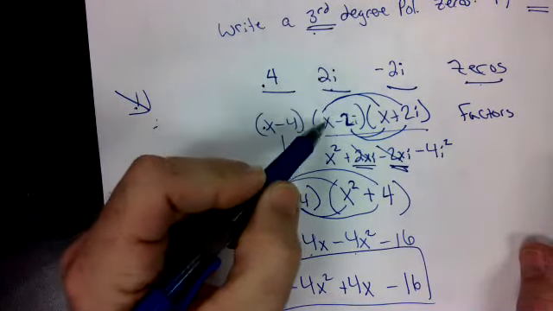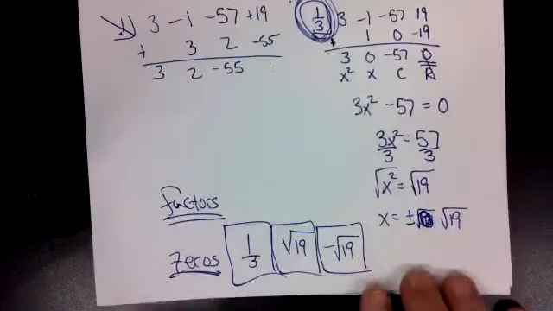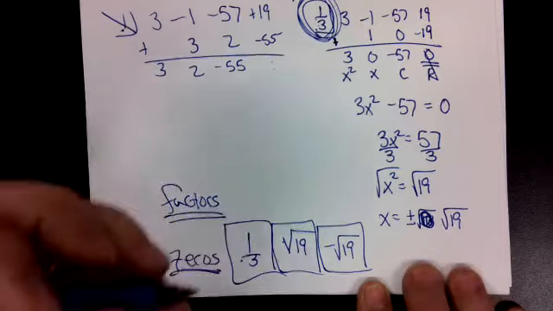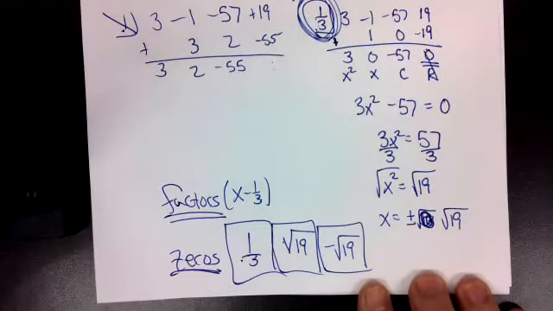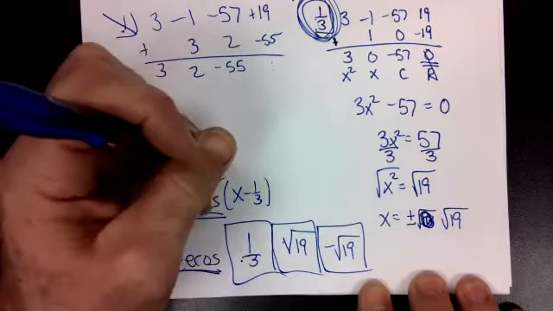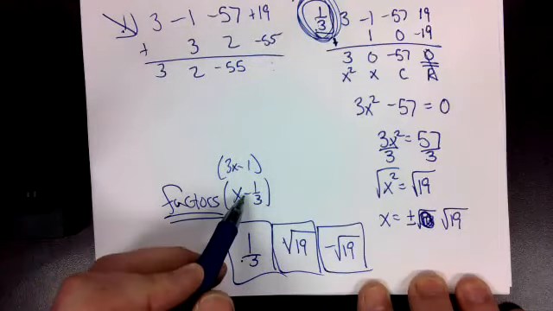If my 0 was 2i, my factor is x minus 2i. Same concept. If 1/3 is a 0, then x minus 1/3 is a factor. Or they might want you to write that as 3x minus 1, so if we multiplied everything by 3. Either of those are fine.